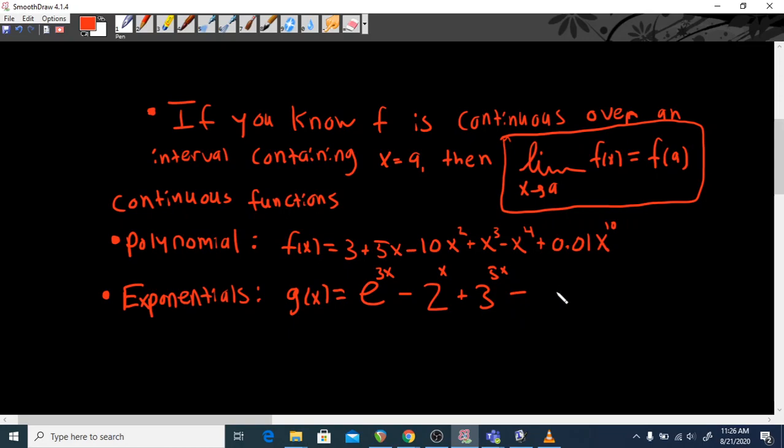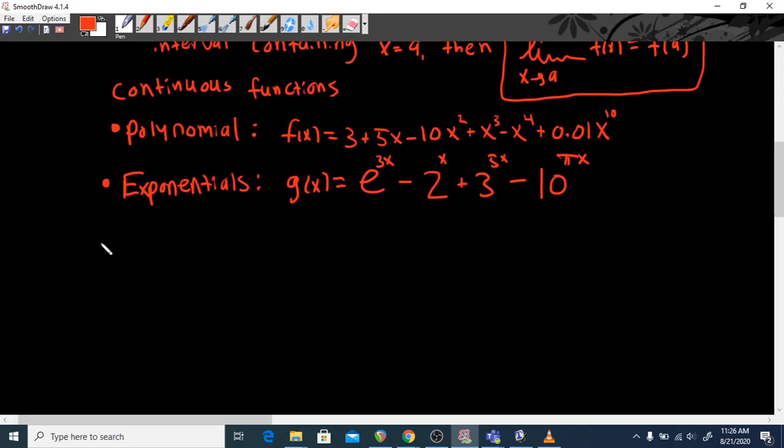All of these are exponentials, and all of these are continuous from negative infinity to infinity. What else? We got the sine function, also the cosine function. Both of these are continuous everywhere.